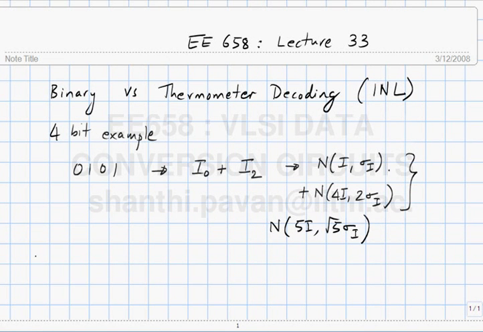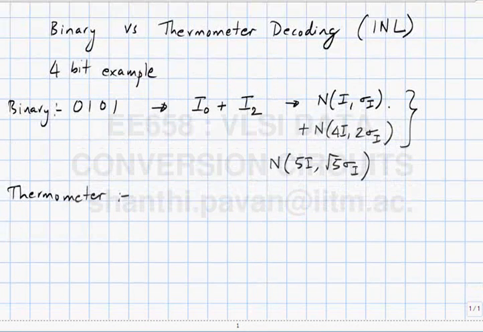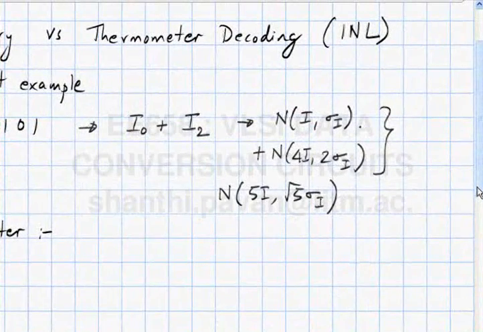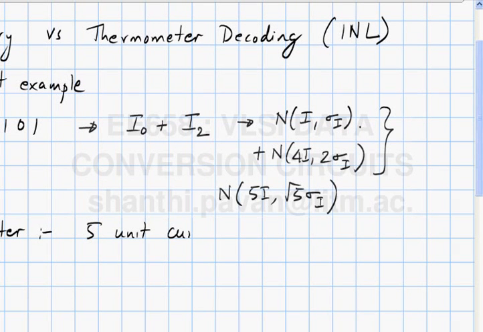So this is for the binary case. For the thermometer case, what would we see? If the code was 0101, how many of those unit elements would be on in a thermometer case? 5. So 5 unit sources will be on, which means that the output is a random variable with mean 5I, correct?